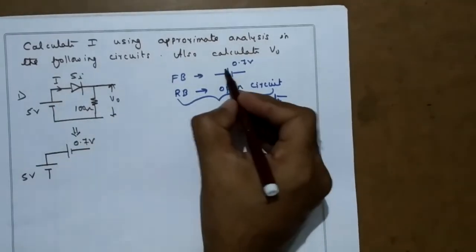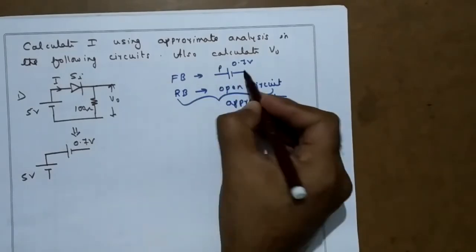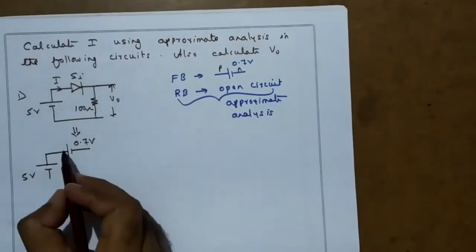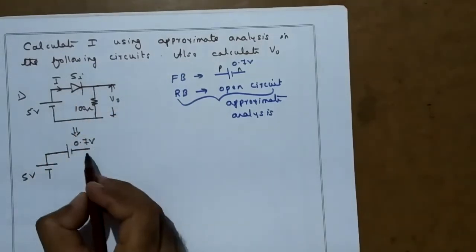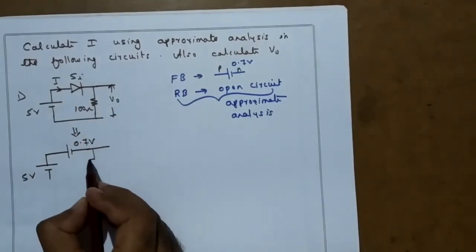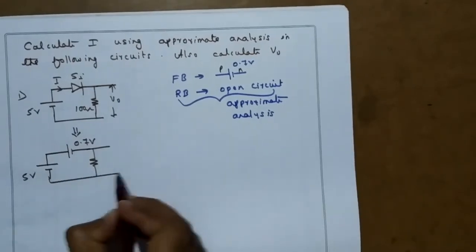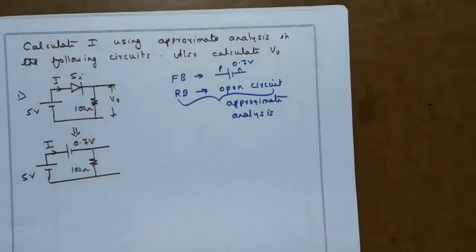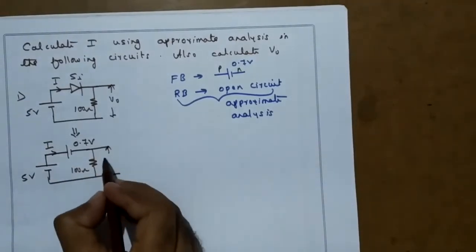Here this is anode side or P side, this is the cathode side or N side. So wherever it is P side, higher potential, N side, lower potential. Here this is 100 ohm, this is current I and V0.